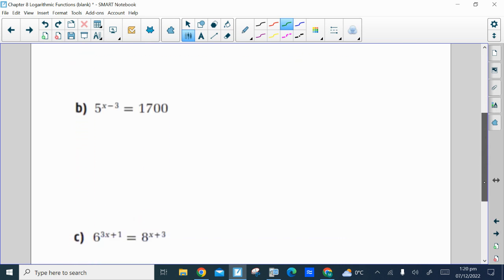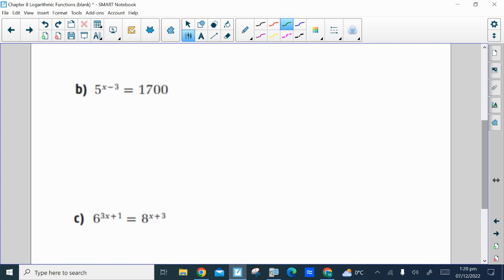Okay, let's look at question B on the next page. Again, we'll convert from exponential to logarithmic by starting with the base and cycling through. It'll be log base 5 of 1700 equals x minus 3.